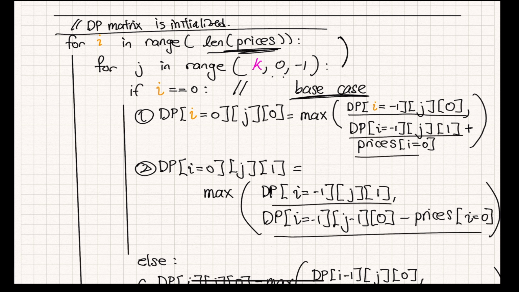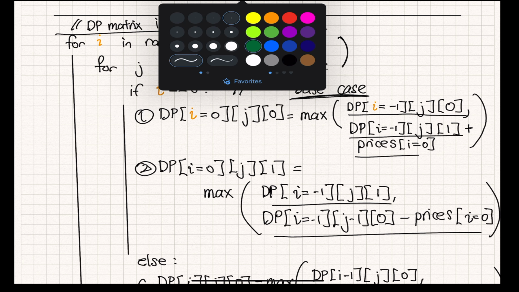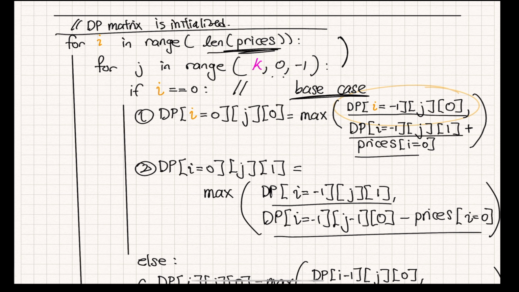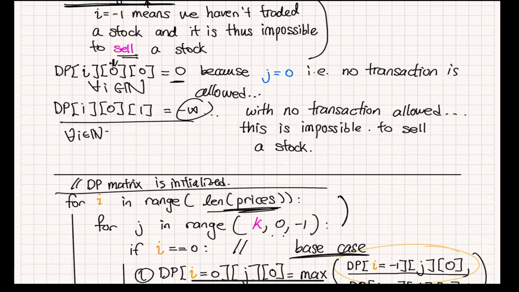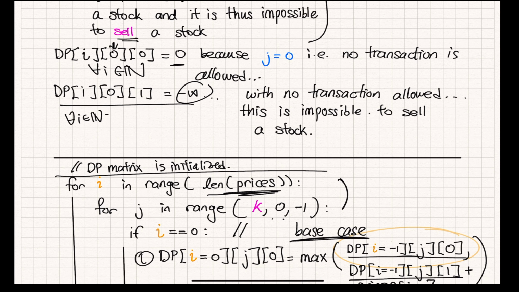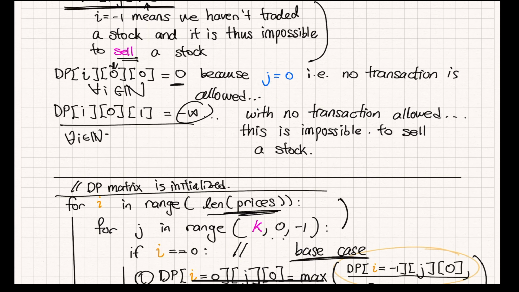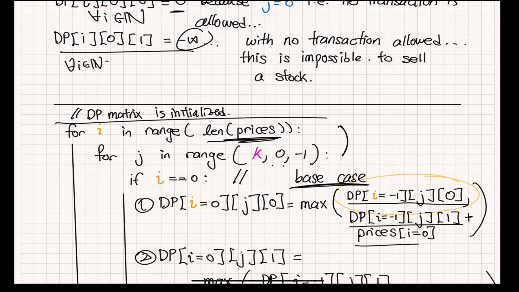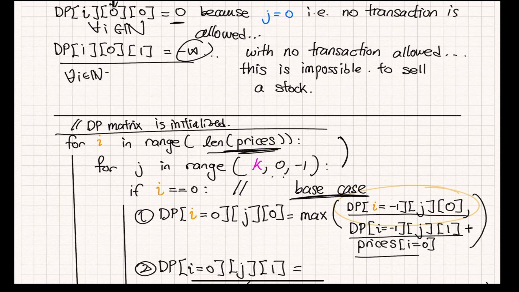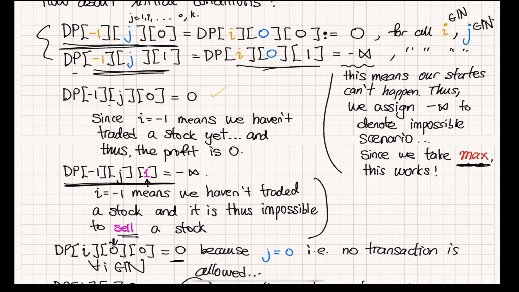So for instance, dp of this guy, what is this guy? Let me use a different color. So what is this one? i is -1, and j can be any number. So is this guy, right?